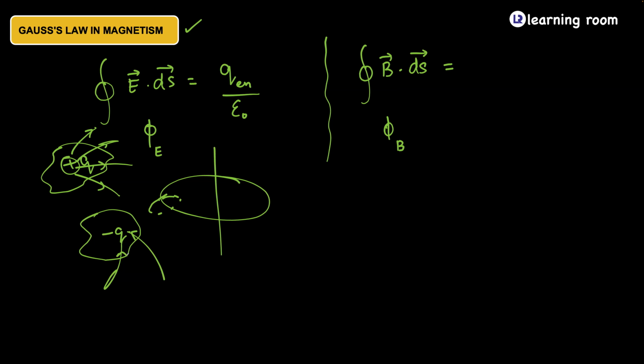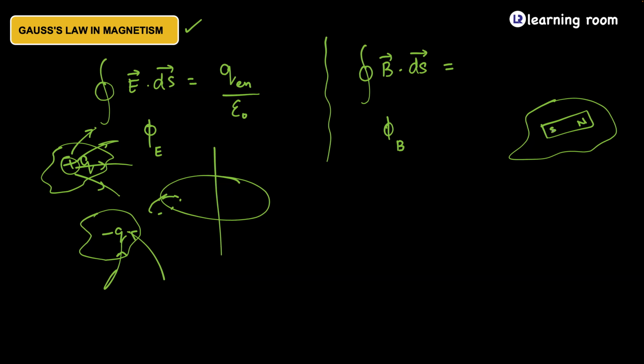That is because in electrostatics we can have isolated positive and negative charges. Whereas in magnetism you will never have isolated poles, you will have both together. You will always have a magnetic dipole inside, such that the number of field lines emitted by the North Pole will be equal to the number of field lines received by the South Pole.